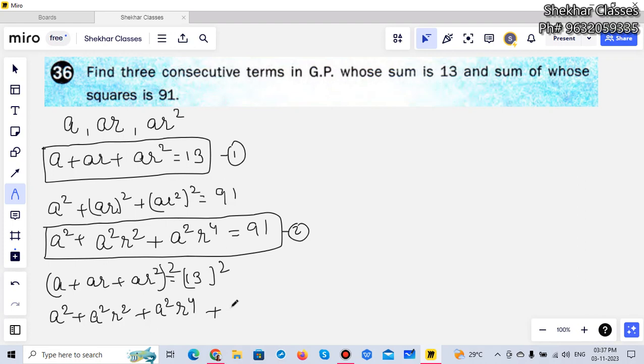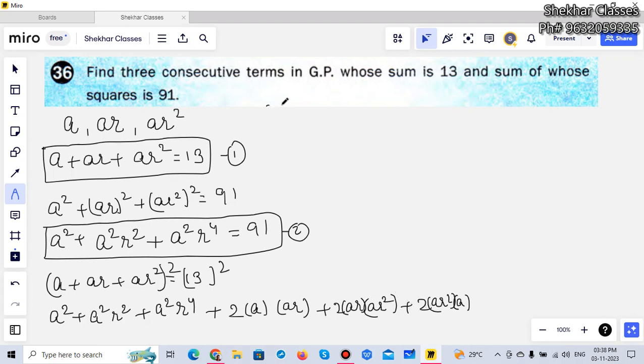So it has to be 2 times A and AR, plus 2 times AR and AR square, plus 2 times AR square and A.